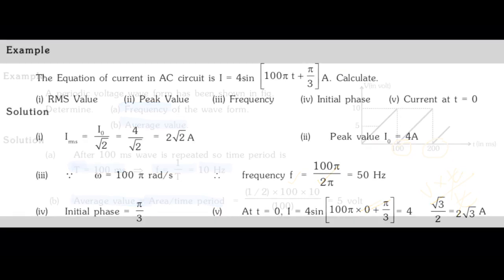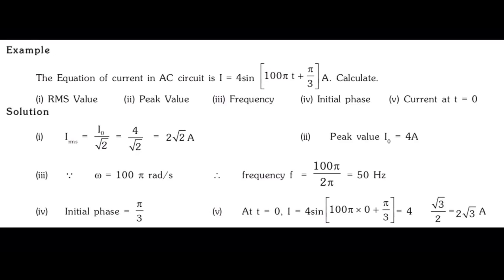Okay. So in this question, they are asking to calculate some quantities. Over here you can see the equation for current is given. We have to find RMS value, peak value, frequency, initial phase, and current at t equal to 0. The first one is the RMS value. So we should know the general equation of current, right?